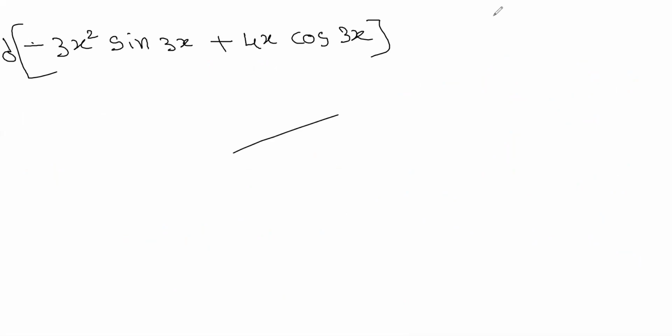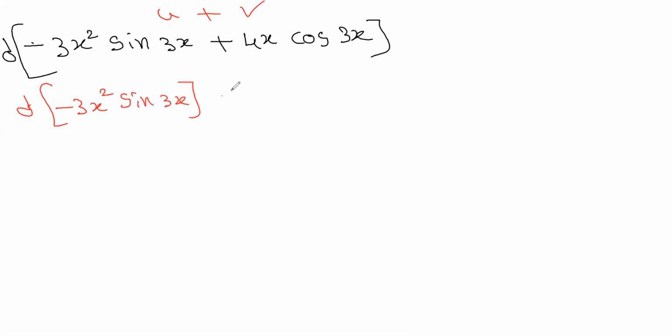When there are two functions which are plus, it is u plus v. One thing is clear, you have to take this separately. So we will write first differentiation of minus 3x square sine 3x plus differentiation of 4x cos 3x.